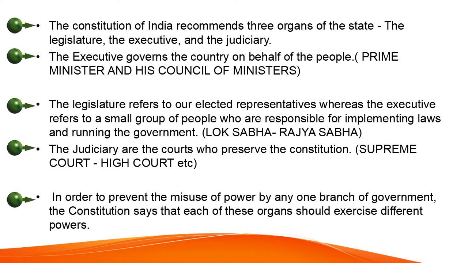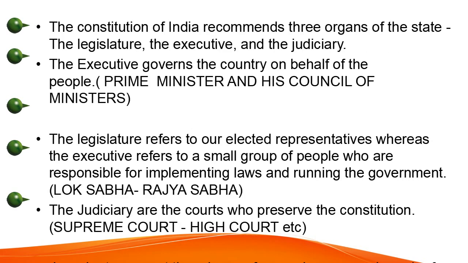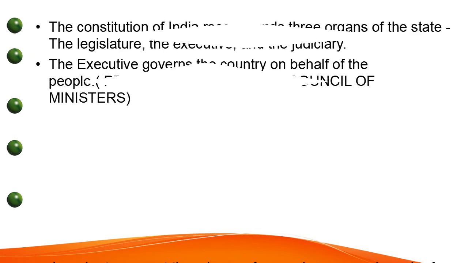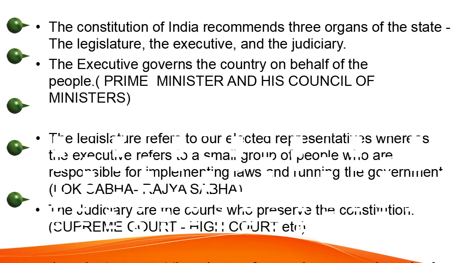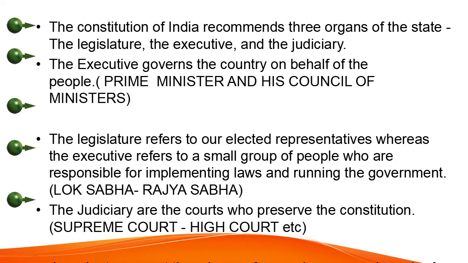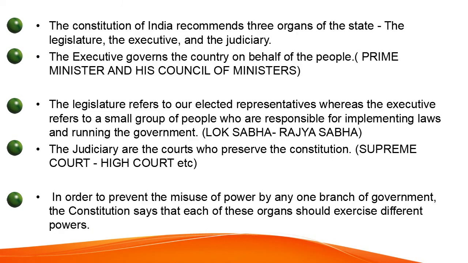That is the people elected by us in the Lok Sabha and the Rajya Sabha. They are the ones who make the laws for the country, and they are also responsible for the implementation of these laws and in running the government. The judiciary, of course, is the courts who preserve the Constitution. You have the Supreme Court, the High Court, then you have other lower courts.